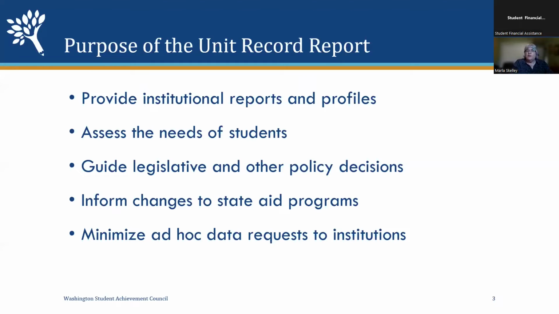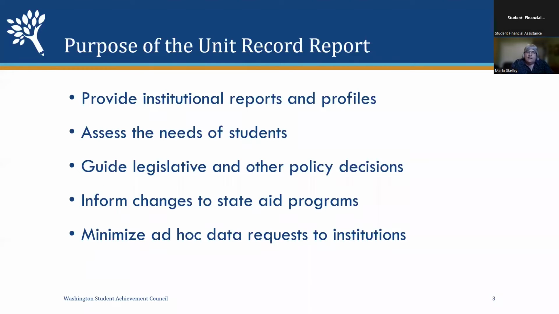So we aren't just looking at Washington aid as a whole, we actually break it down into the sectors. So we look at the CTCs, the private for-profits, privates in the 4 years, to give us a really good idea of how the aid is being used. So we really rely heavily on the information that you submit.